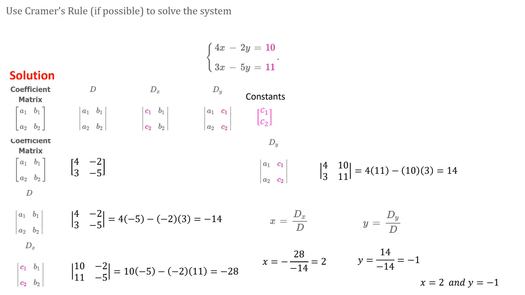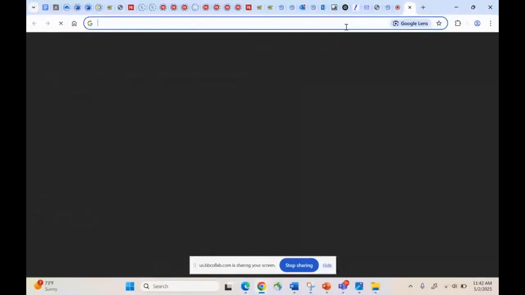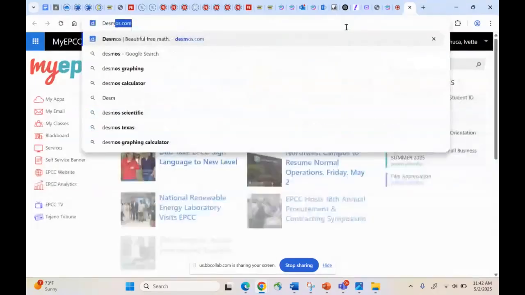I can't find my calculator on my computer, so let me share my screen. Okay, let's go to Desmos.